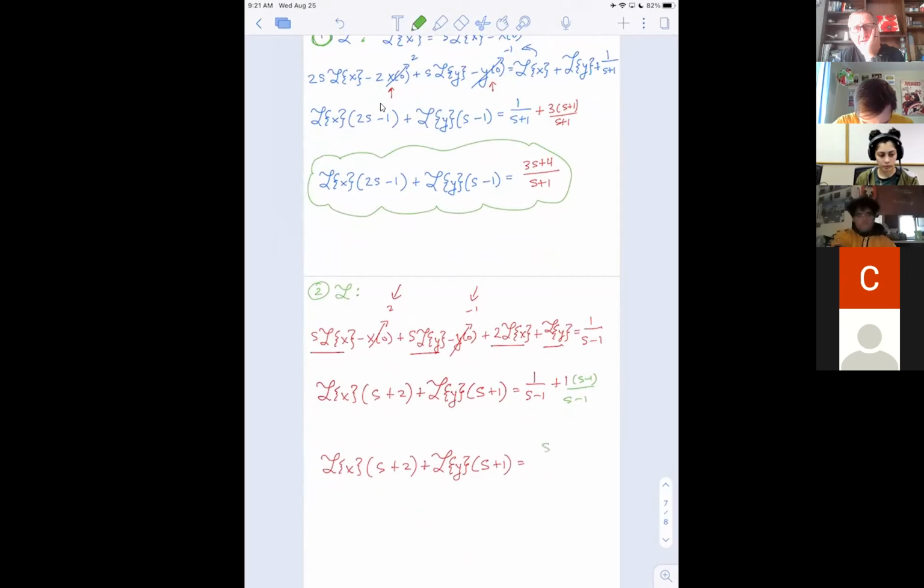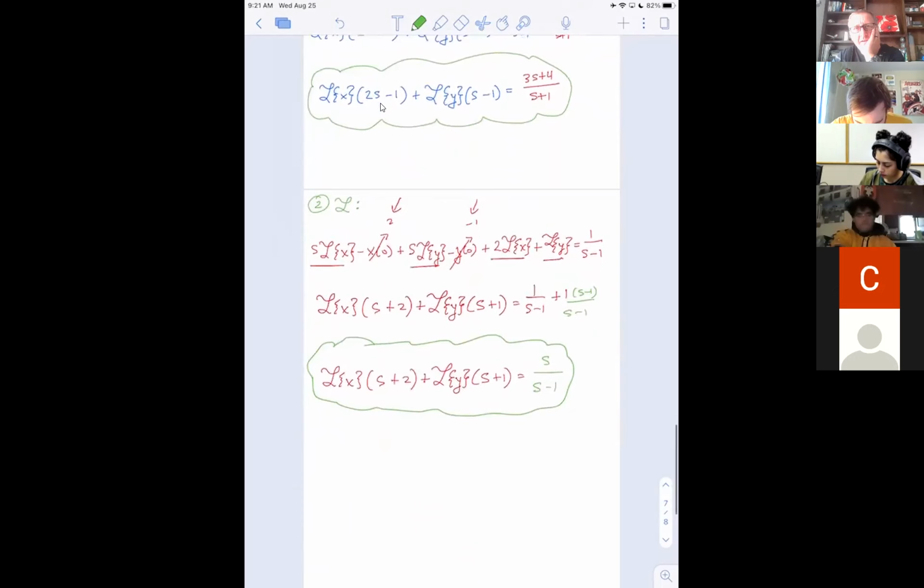So I'd have s over s minus 1. Hopefully I didn't make an algebra mistake there, but do you see how close this is to the operator form?